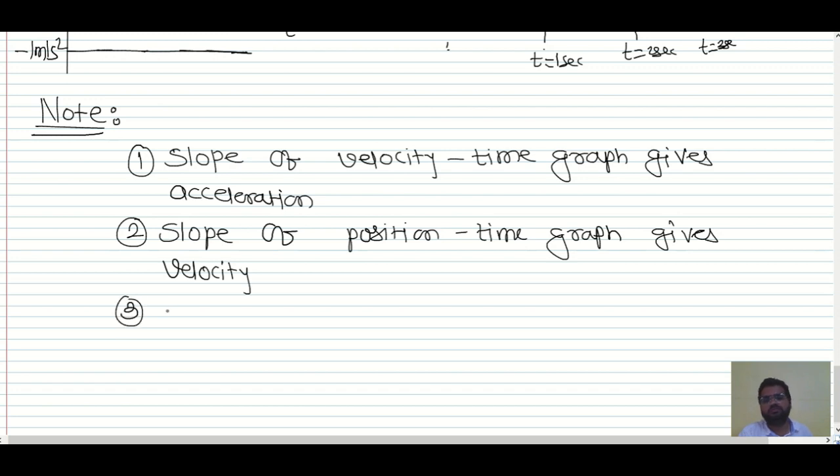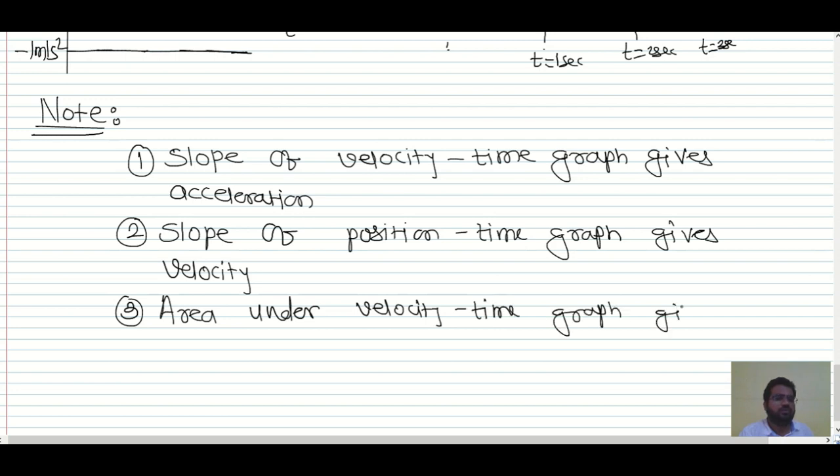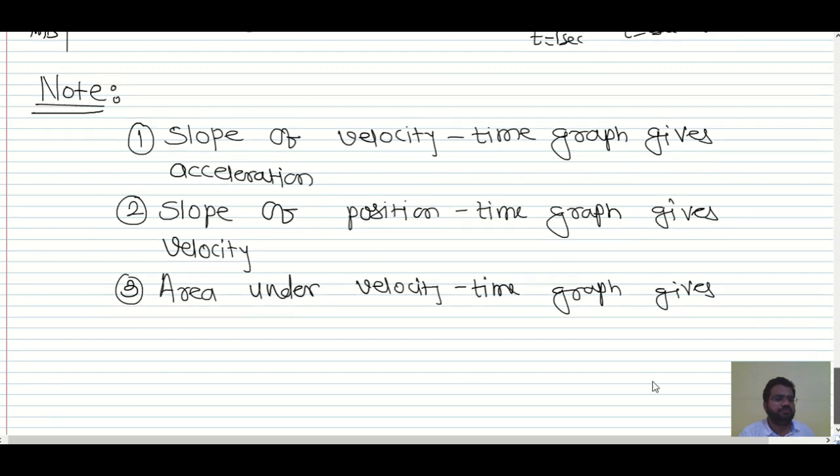Third one, area under velocity-time graph gives change in position, or else we can say displacement.